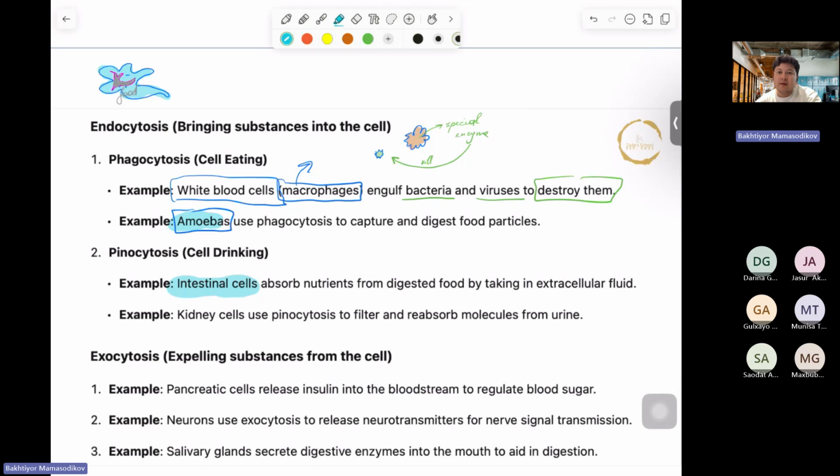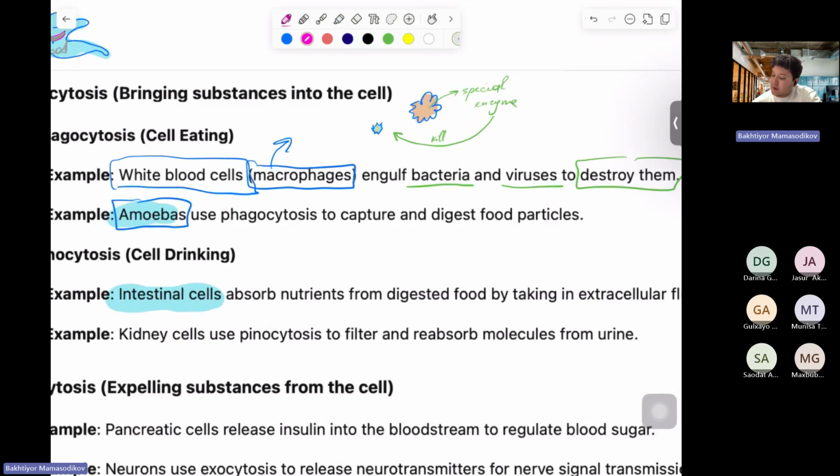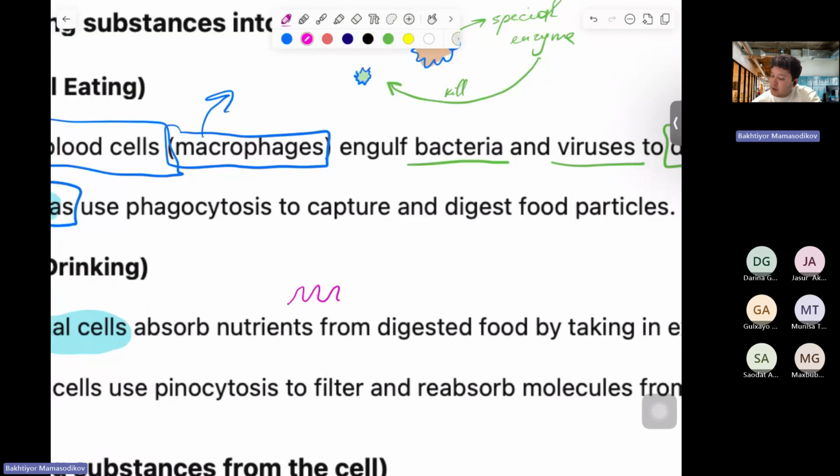What's intestine? What do you understand by intestinal cell? Intestine means gut. Okay. Imagine you have intestinal cells. You have the intestine, right? Imagine this is your intestine, and inside of the intestine, you have specialized cells, intestinal cells.